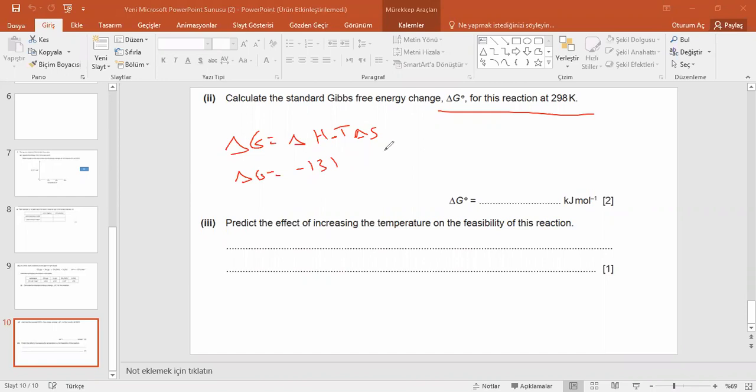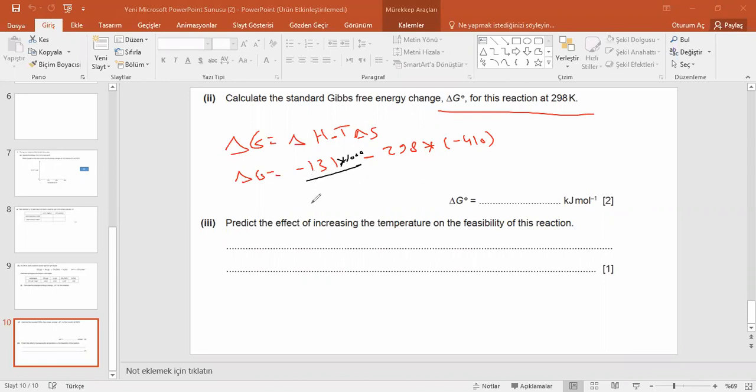Minus T delta S. The temperature is 298. Delta S, we found it was minus 410. I missed something. I did this one intentionally. Guys, don't forget to multiply this one by 1000. It's important.